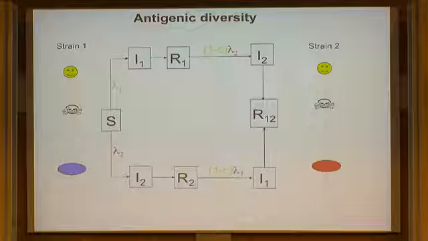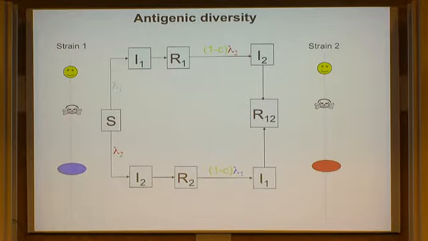And this can be captured within an SIR framework by modifying the frequency with which an individual who's been exposed to a particular strain might become infected by a second strain. So you can just modify that risk of infection by a term 1 minus C, where C represents the cross-immunity between these strains. When C is 0, there's no cross-immunity, and when C is 1, cross-immunity is complete.